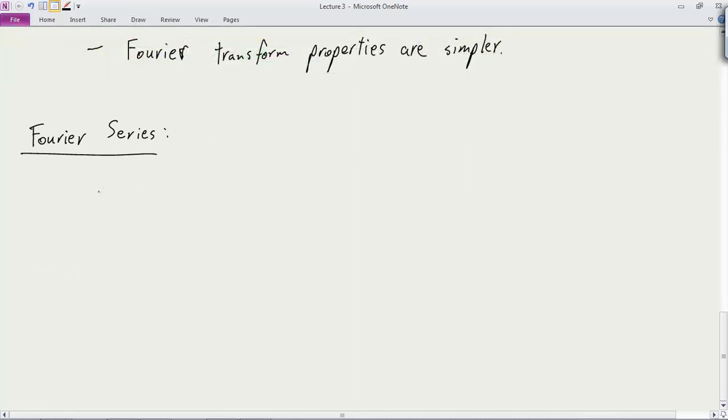What you have is a forward part and a backward part. The forward part is referred to as the analysis equations. And that is, define a list of complex numbers, c sub k, in the following way.